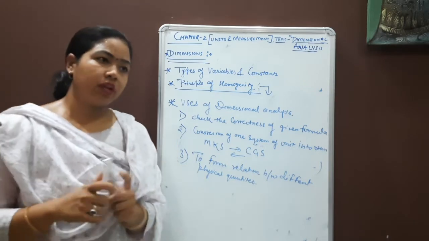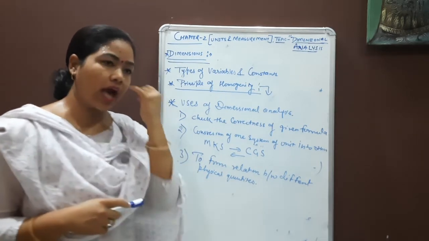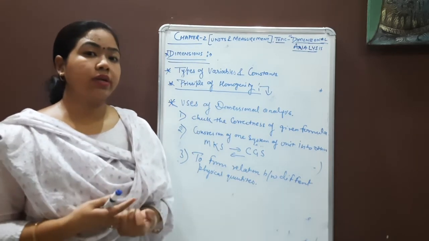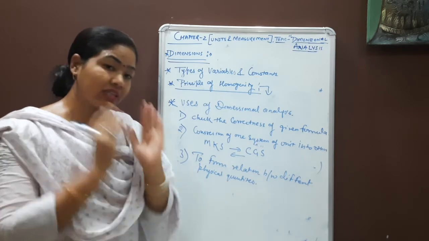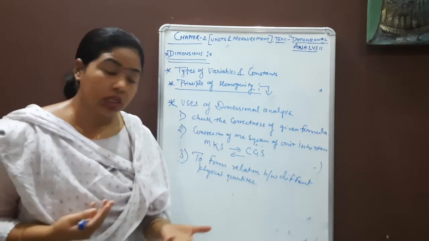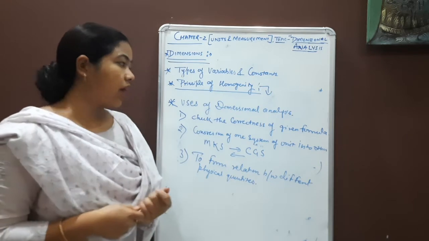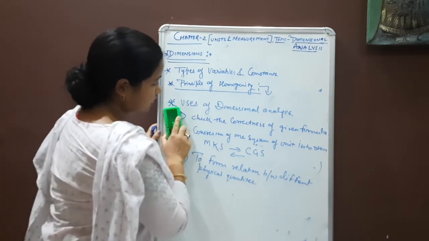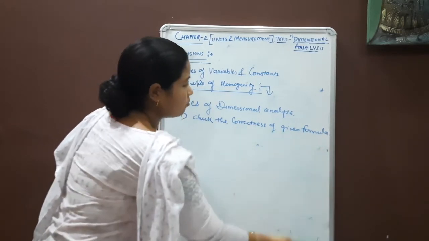That means if more than 2 physical quantities are given to us, and 2 or 3 physical quantities depend on one quantity, then we can establish the relationship between those physical quantities with the help of the third application of dimensional analysis. Right? Now we will go through those applications in detail.